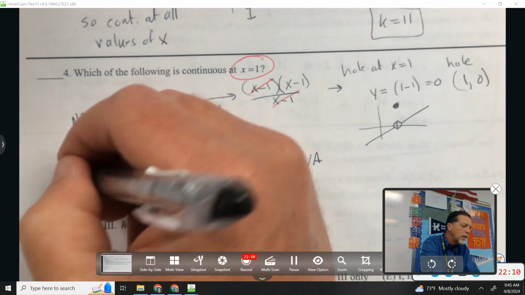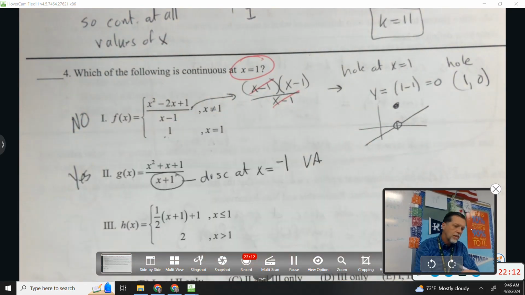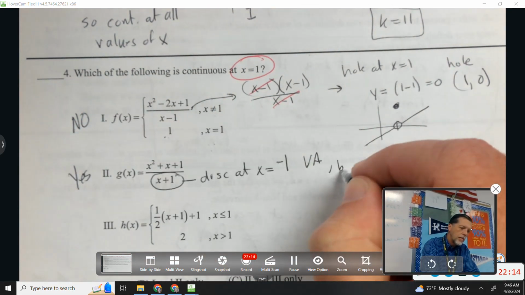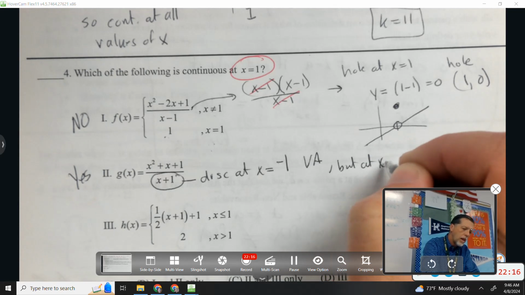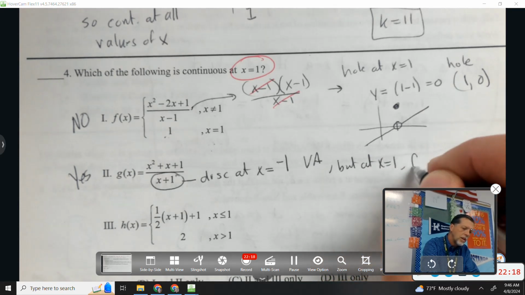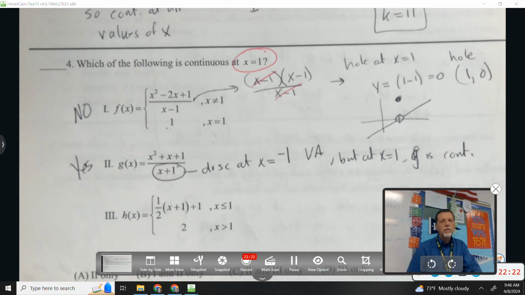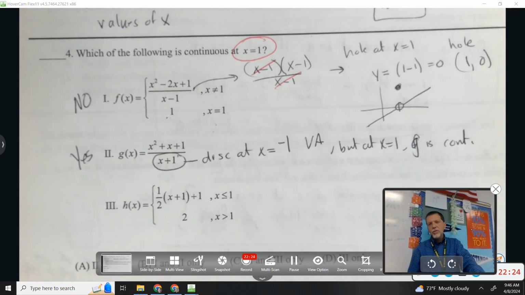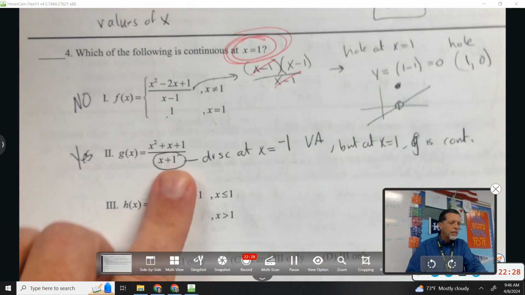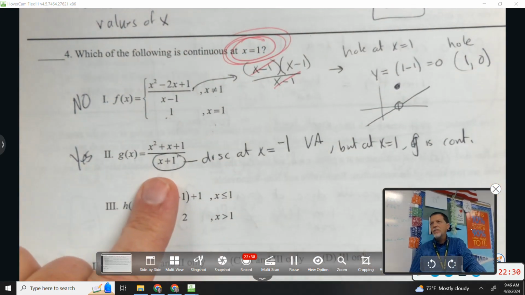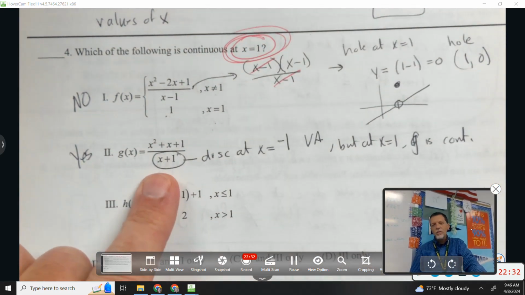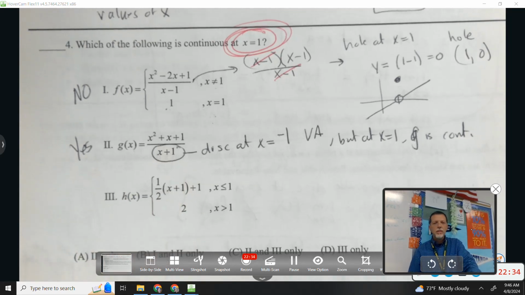At x equals 1, g is continuous. Some people get thrown off by that at x equals 1 part. They look at that and think, oh, that's not continuous. Well, where is it not continuous versus where is it continuous?